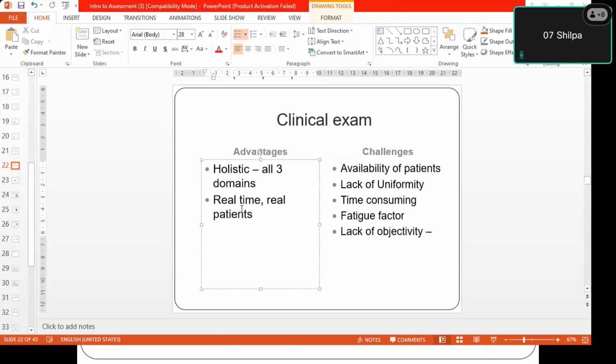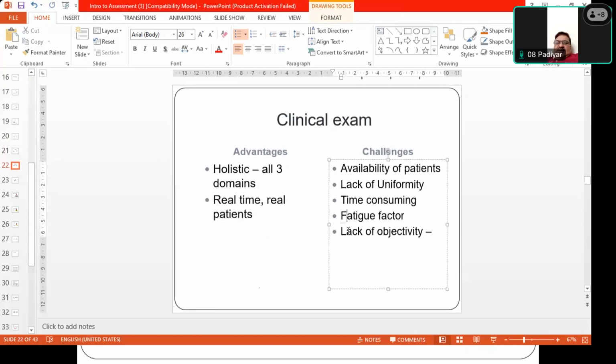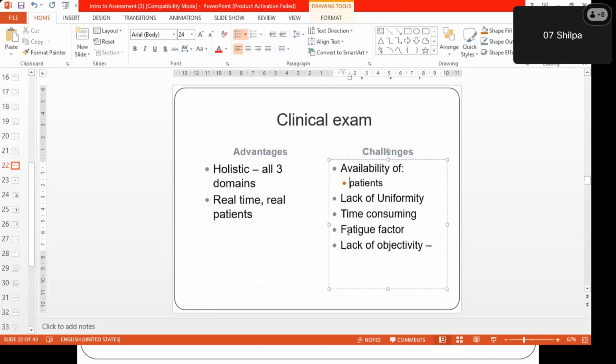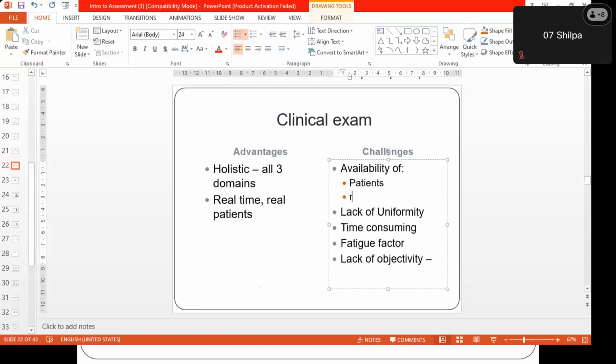What else? Non-economical, sir. Again, time limitation like practicals. We cannot examine many students in a given day. So yes, time consuming. Again resource intensive, sir. It's non-economical. Sir, even availability of examiners.